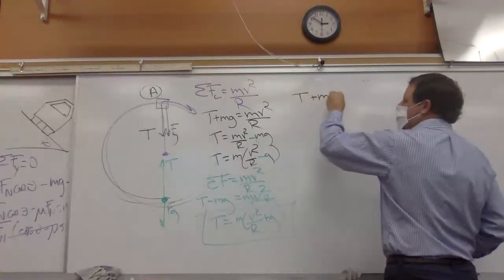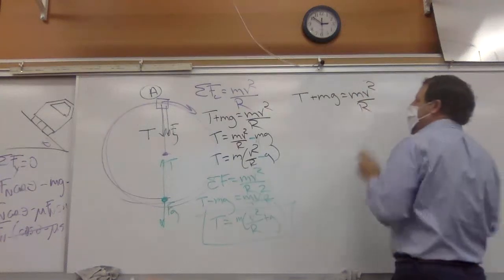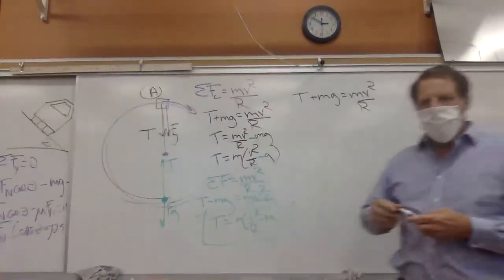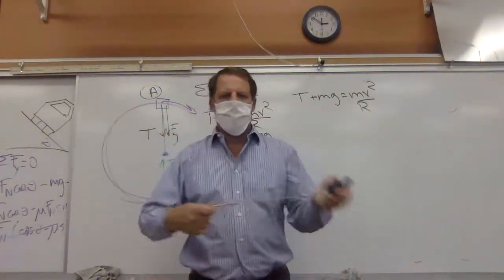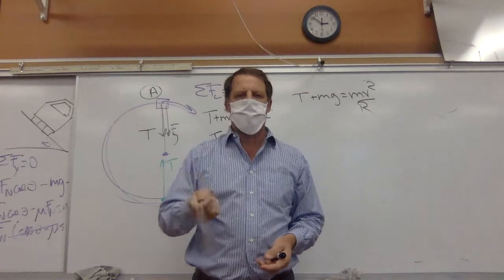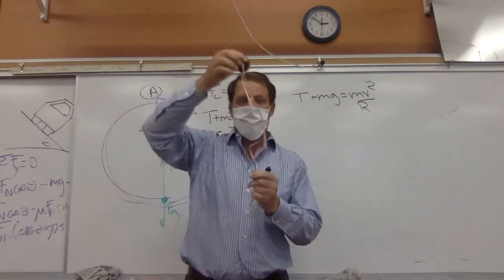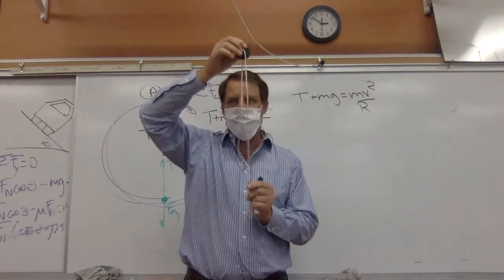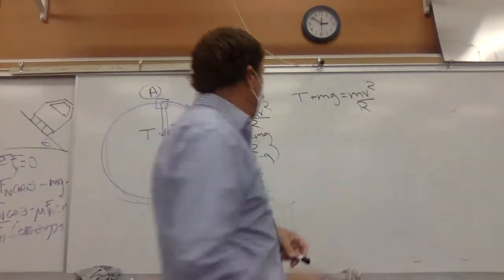We're going to say tension plus mg is equal to mv squared over r. And you'll see why I rewrote that. As we're going around in a circle, as I slow down, at a certain point the rope goes slack. If the rope goes slack, what's the tension in it? It's going to be 0.